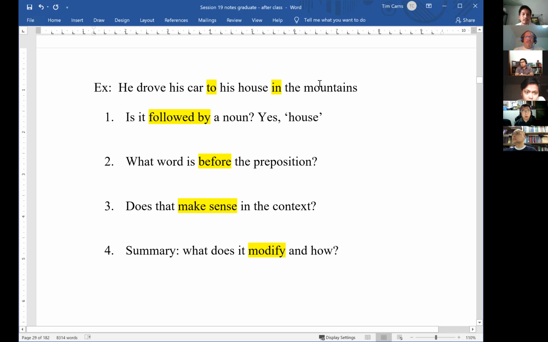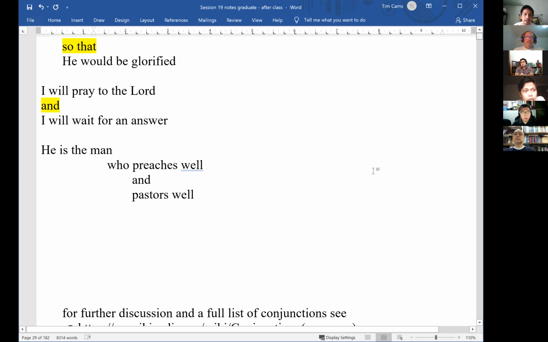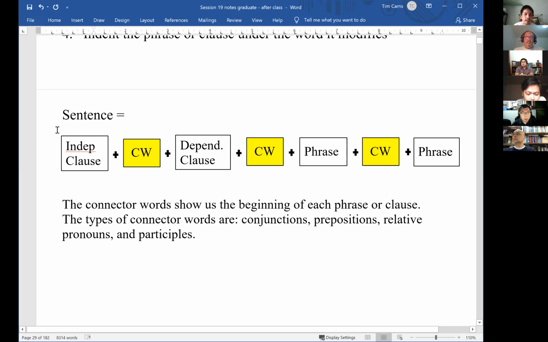So how do I know that this one, in the mountains, should not be included in what follows to his house? How do I know it's something different or separate? Because that phrase, it's another phrase.